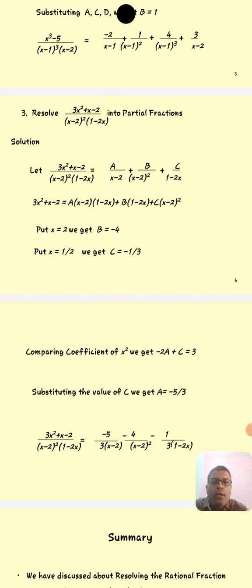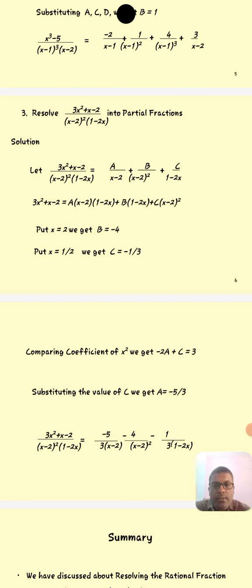Here how many values do we have to find out? A value and b value and also c value. What is the a value? Minus 5 by 3. What is the b value? Minus 4. What is the c value? Minus 1 by 3. Finally these three values we substitute in the main equation in the place of a, b, c.